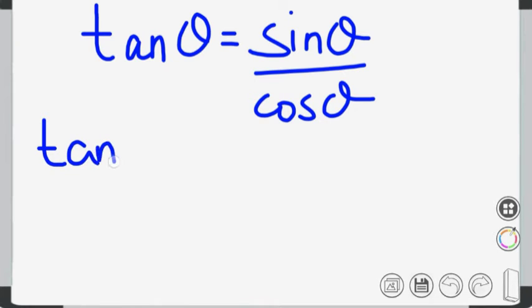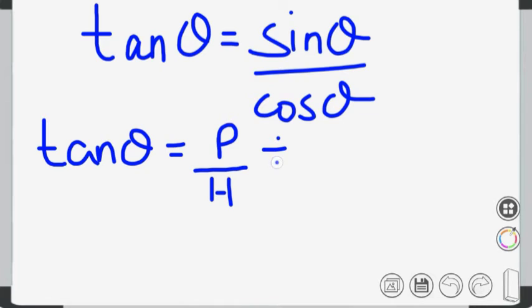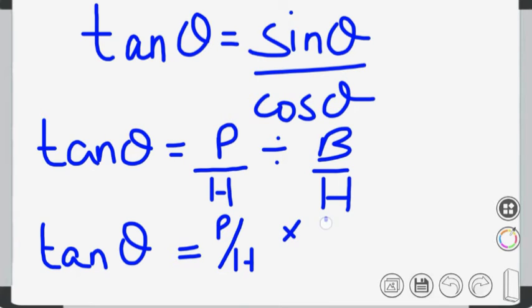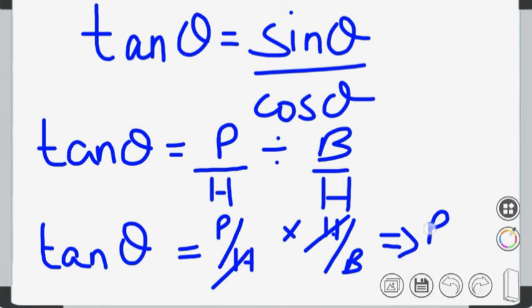So tangent theta is equals to sine, that is perpendicular over hypotenuse, divided by cos, which is base over hypotenuse. So if I write this expression as perpendicular over hypotenuse multiplied by hypotenuse over base, we can cancel out this and it will become equal to perpendicular over base.